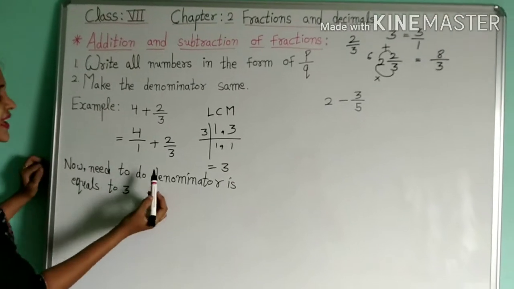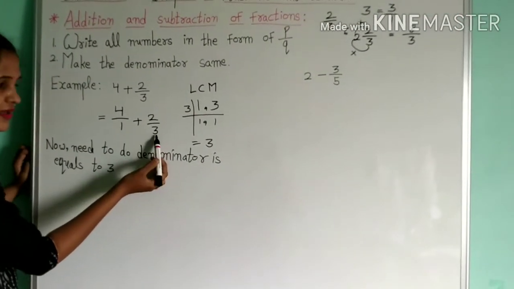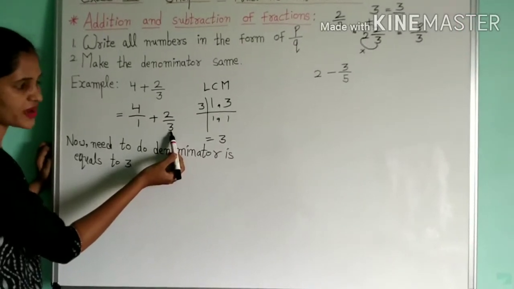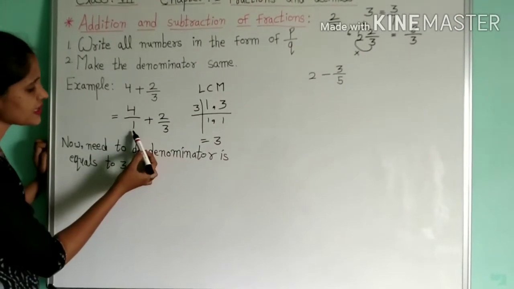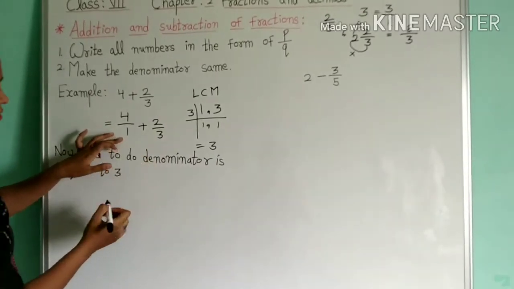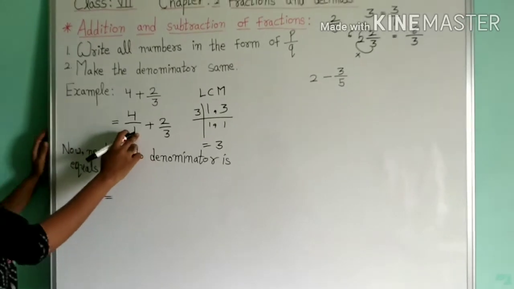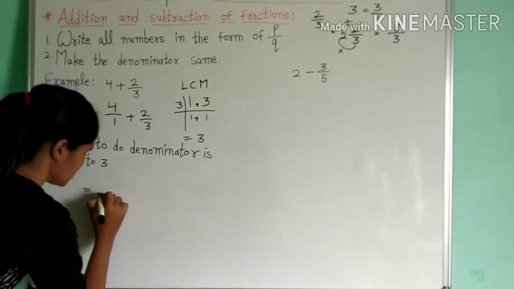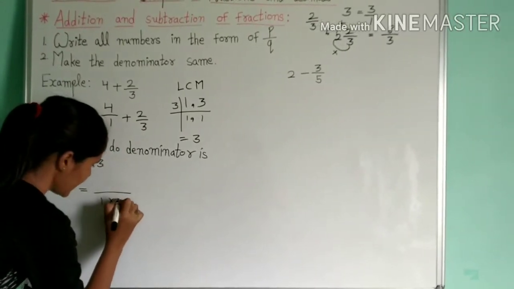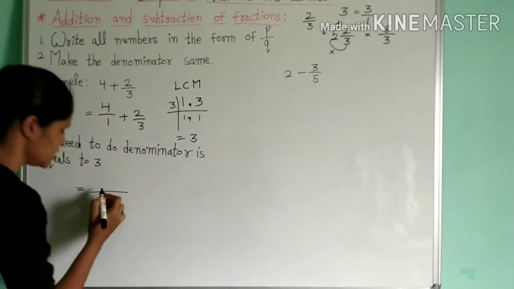So now we will make the denominator same, equal to 3. See, here 3 is already given as the denominator, but here 1 is given. So we will make this 3. How will we make this denominator 3? We will multiply it by 3. So 1 multiplied by 3. Then we also multiply the numerator by 3.